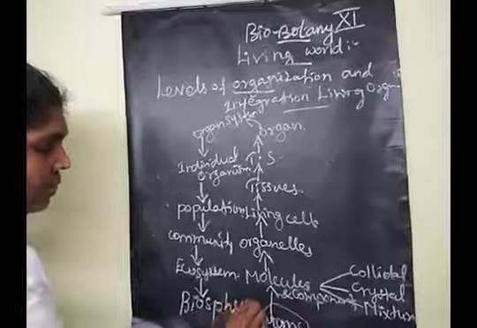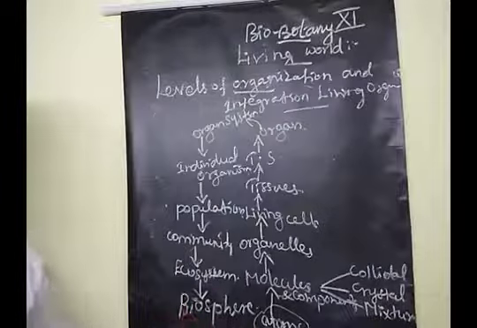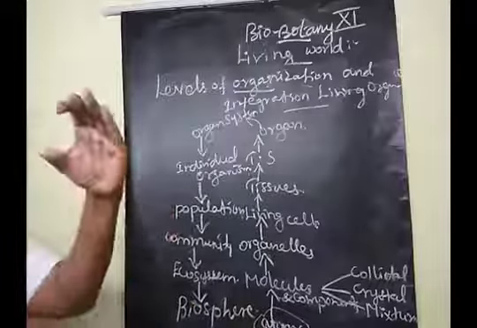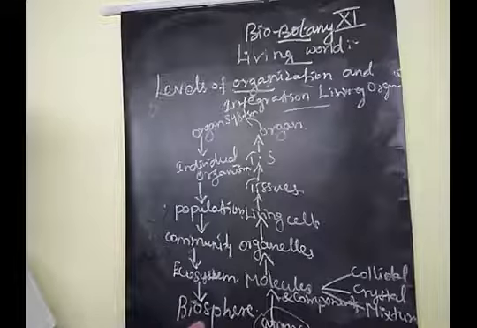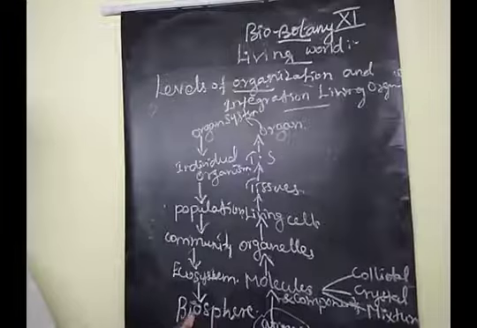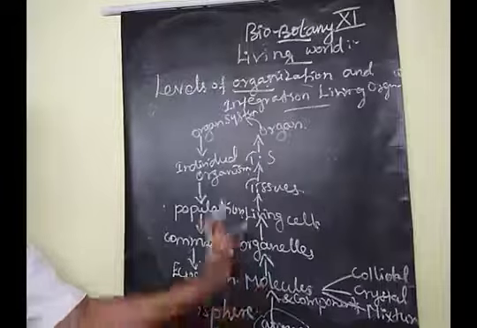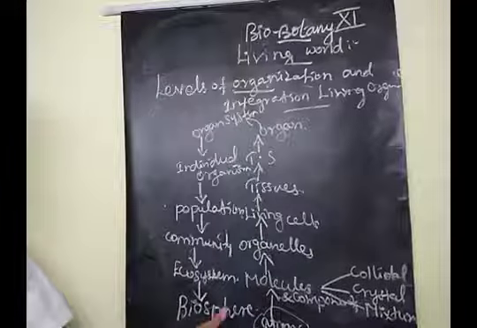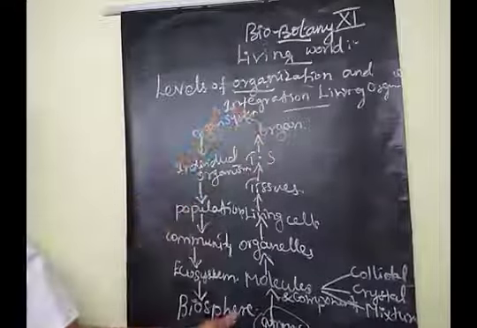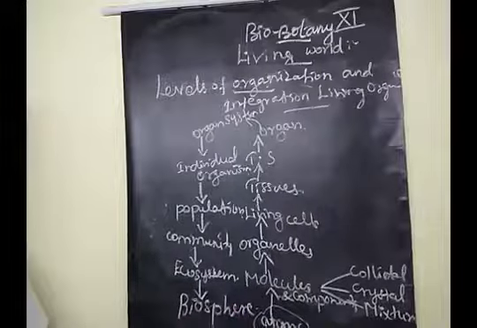Clear? You learned one definition of biosphere, children, on the first page, in the small introduction. There you learned the definition of biosphere: the life on earth exists within a complex structure called the biosphere.